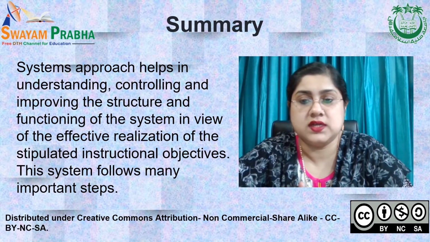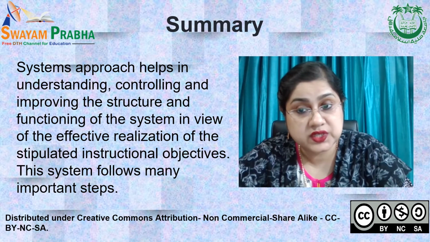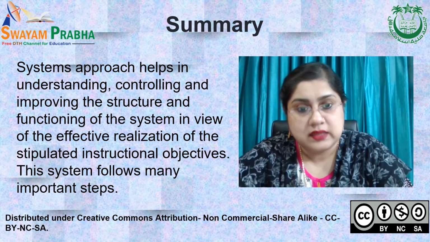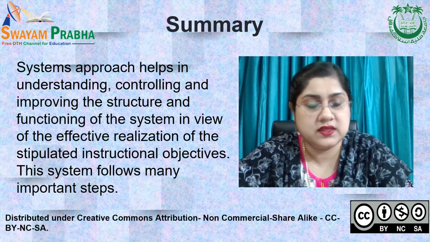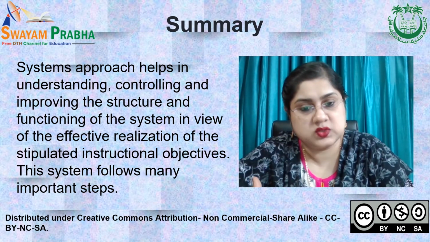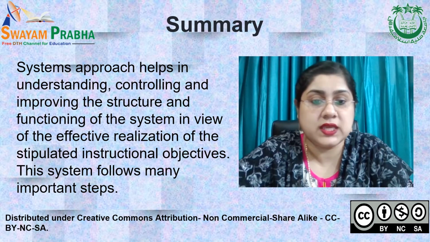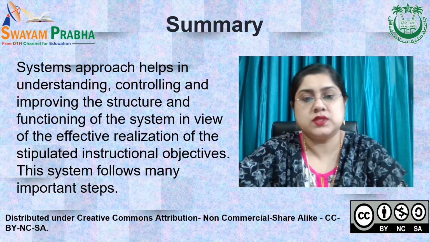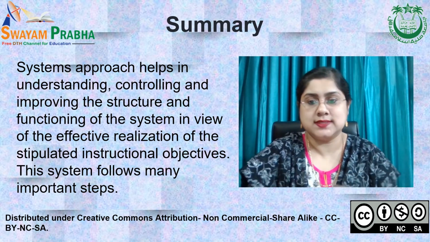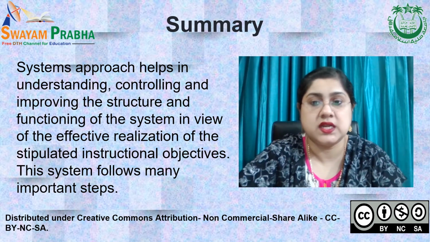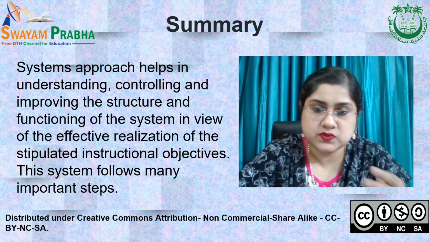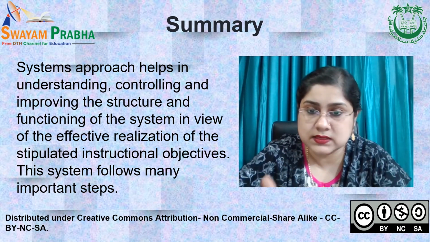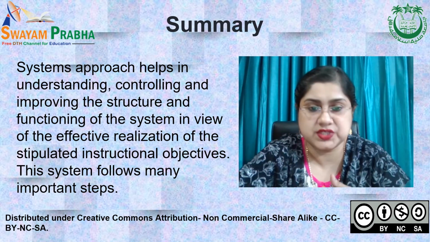Then we have the fifth phase, which is evaluation of outcomes, and then the last phase, which is related to obtaining the feedback, and on the basis of the feedback we can go for the improvement of the system. So these are the six major steps involved when we apply the systems approach in the instructional system.